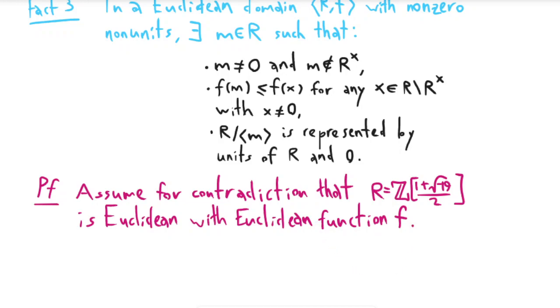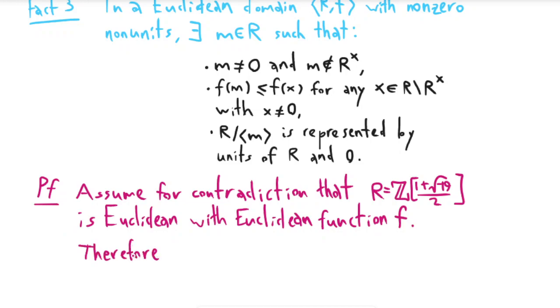And we're using the fact that there's only two units in this ring, plus and minus 1. And so there's definitely non-zero non-units in this ring because it's infinitely large.